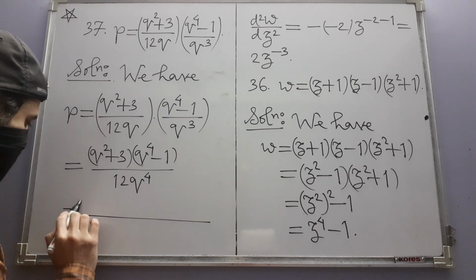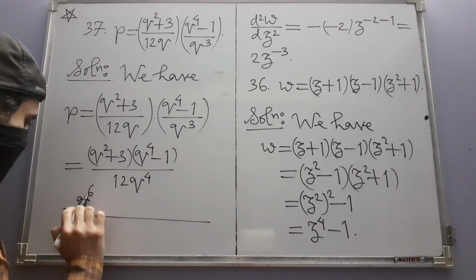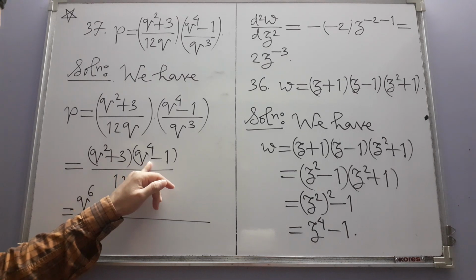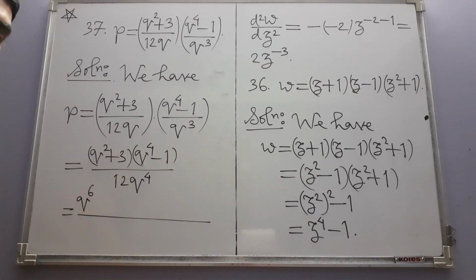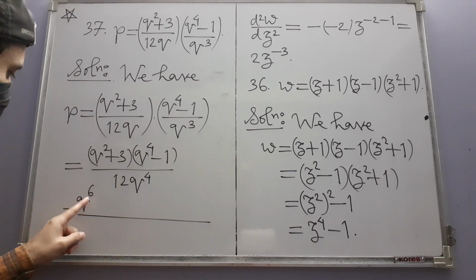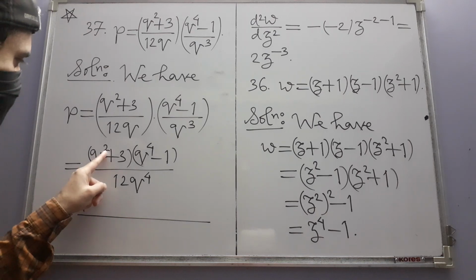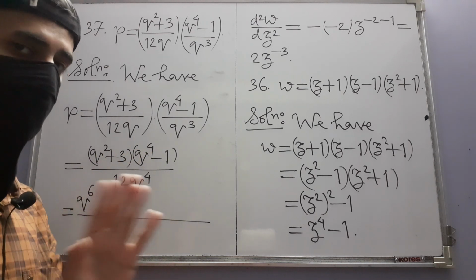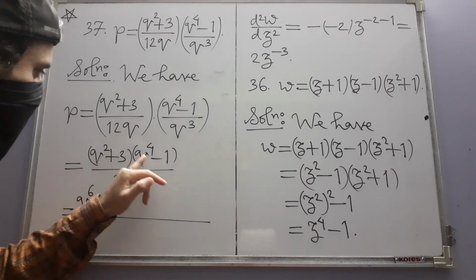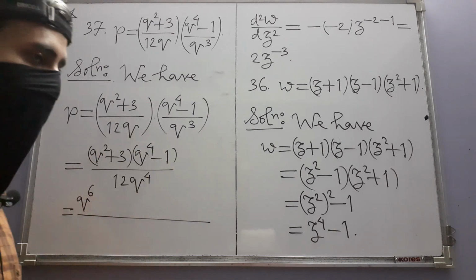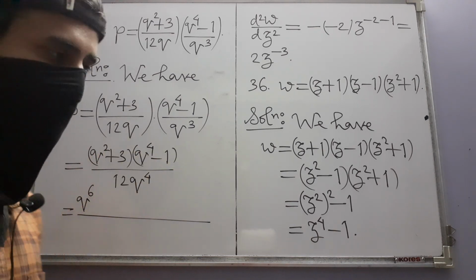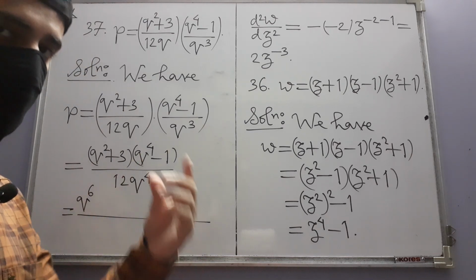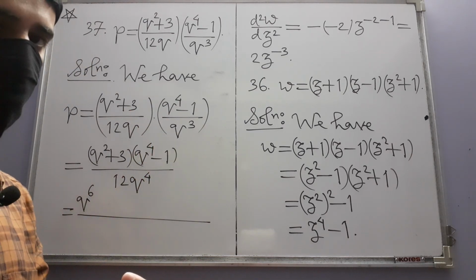Q square times q to the power 4 is q to the power 6. A very common mistake that people do when multiplying such powers is to write q to the power 8. They think that 2 and 4 will get multiplied. No, no, no. When you are multiplying powers, the exponents get added. When you take a power of a power, then only the exponents get multiplied.